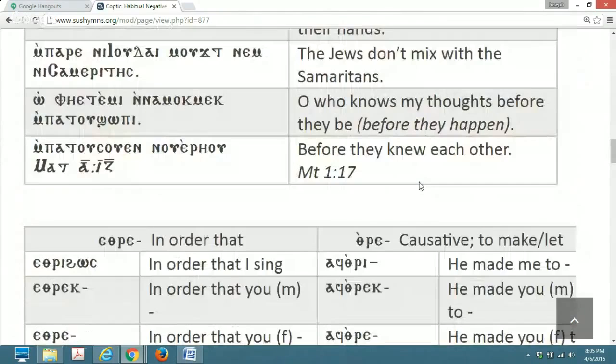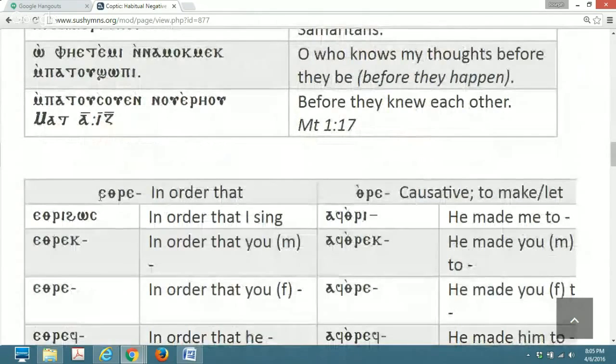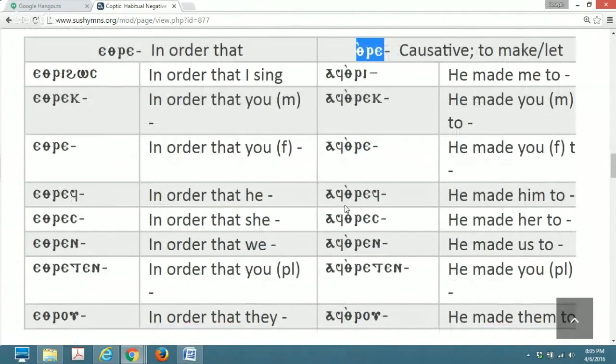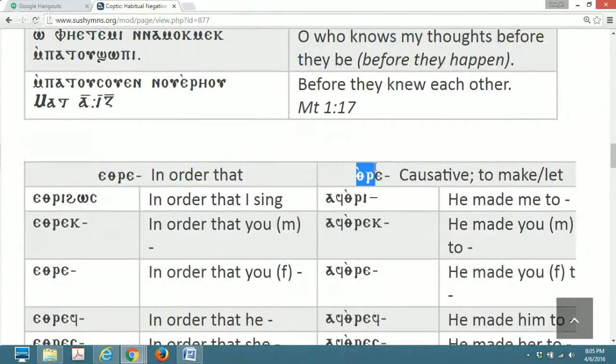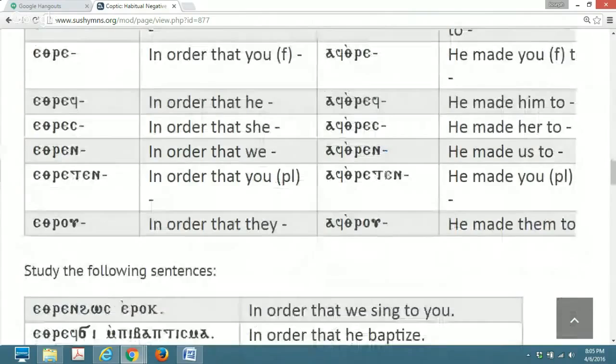And there's also a couple of other types of tenses that we're going to use: Ethre with an E, and ethre with just a jinkim and no E. We're going to see how that means like in order that. And this is the causative, to make or cause something to happen. We're going to go over those details.